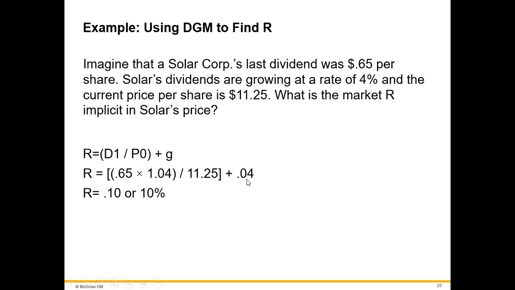Add that to the growth rate of 4%. So the dividend yield is 6%. Dividends are being paid out at 6% of the price of the stock, and the actual growth rate, because the company is retaining earnings and its return on equity is growing at a certain rate, will be 4%, the capital gains yield. Together, that discount rate is 10%. So that's how it could be calculated.